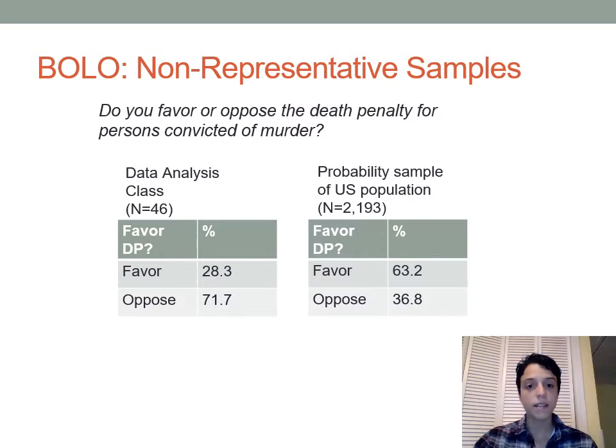For one thing, you guys tend to be younger, you tend to be more educated on average since you're all in college. You tend to be a whole bunch of other things that don't exactly match the US population. So your attitudes don't necessarily match the US population either. So when trying to make inferences about a population, it's really, really important to know that your sample is going to be representative of that population.